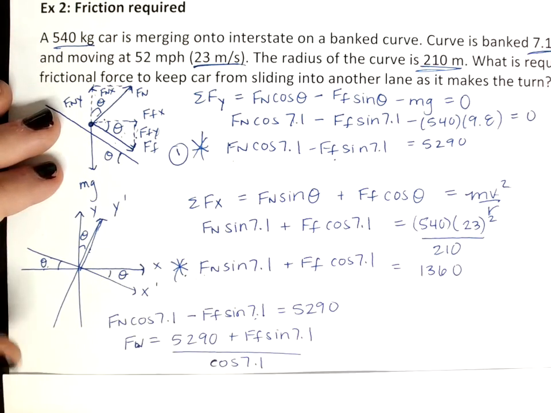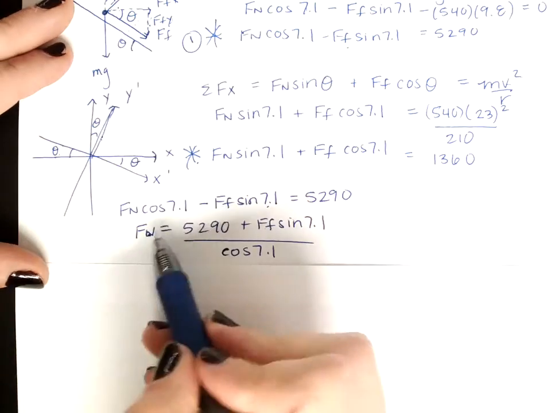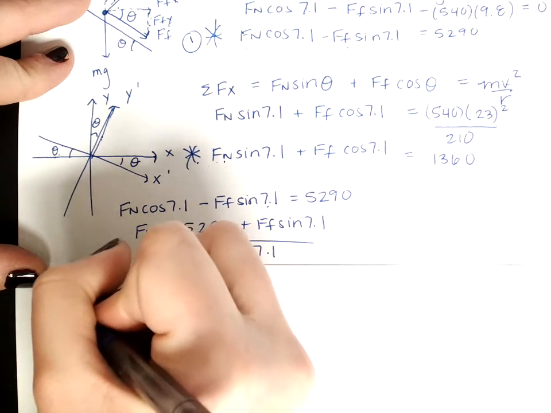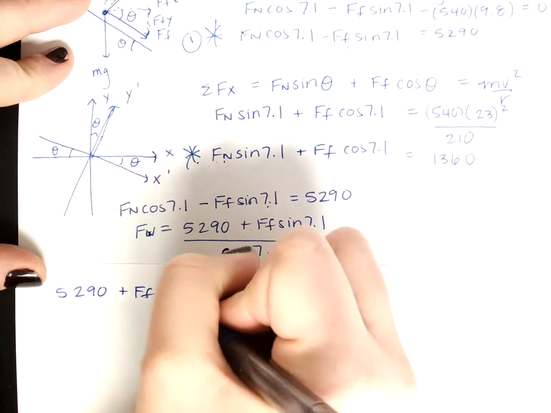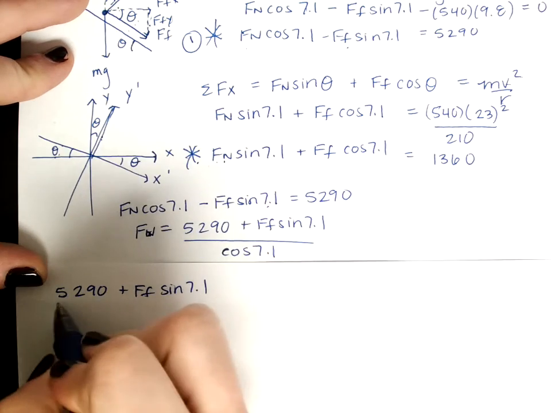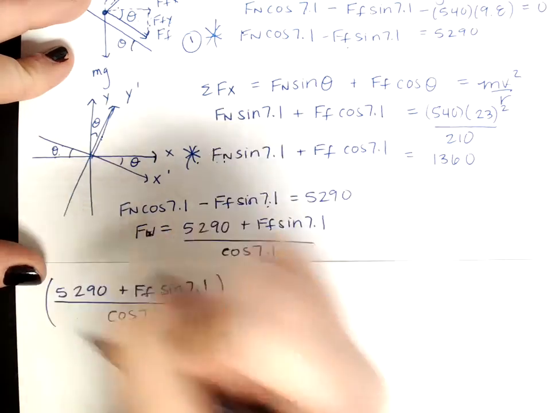We have one equation with one unknown. So here we go. So now that we know normal force, we're going to plug it in right there. So we get 5,290 plus force of friction sine 7.1, all divided by cos 7.1. So that's normal force.